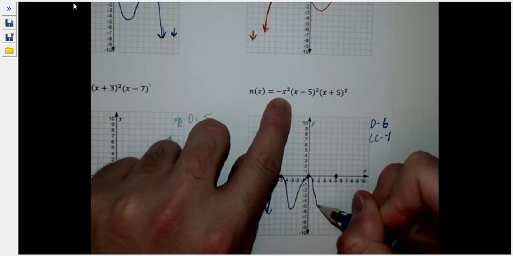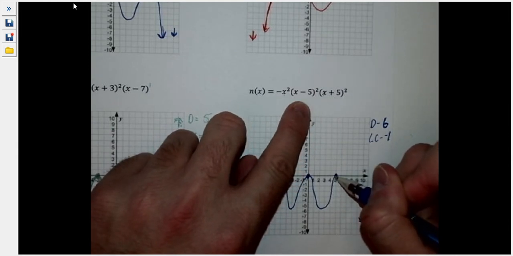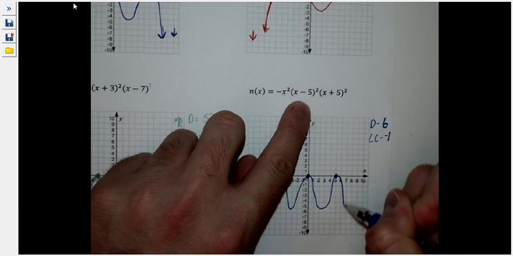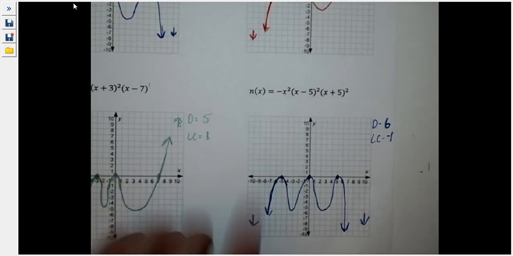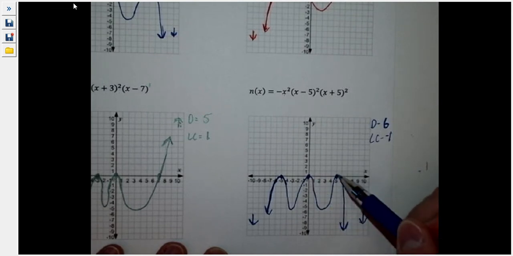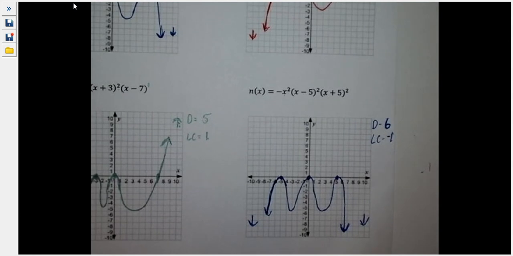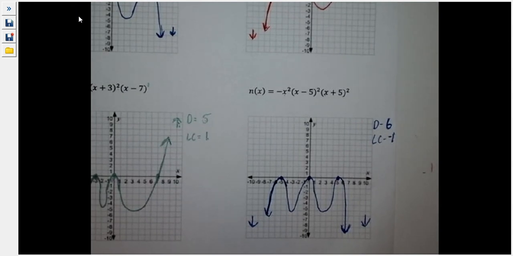Then it goes down, and this comes back up to this root right here at positive 5, and it bounces because it has an even root. So it looks like that. So basically it comes up, bounces, comes up, bounces, comes up, bounces, and goes back down. That's how you sketch polynomials using end behavior and root behavior.